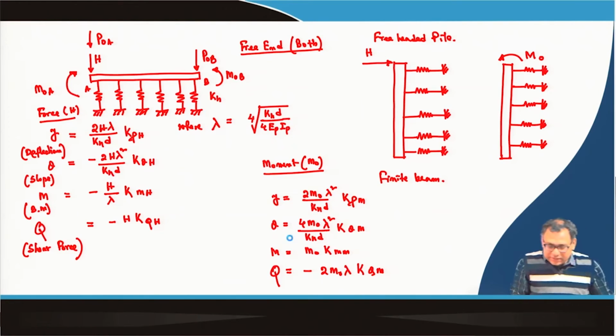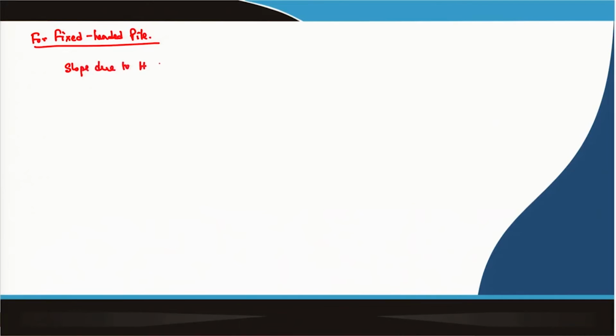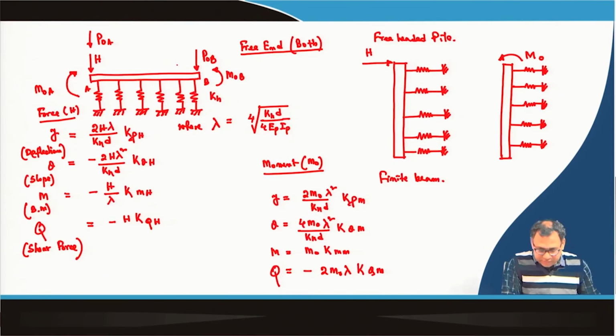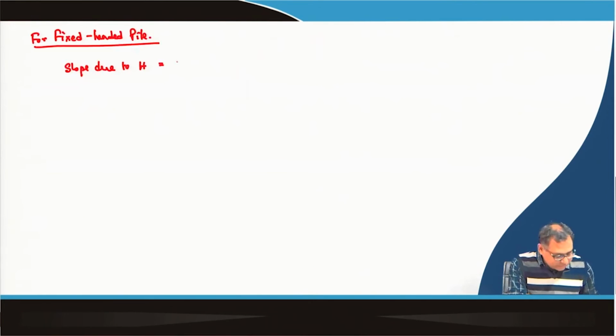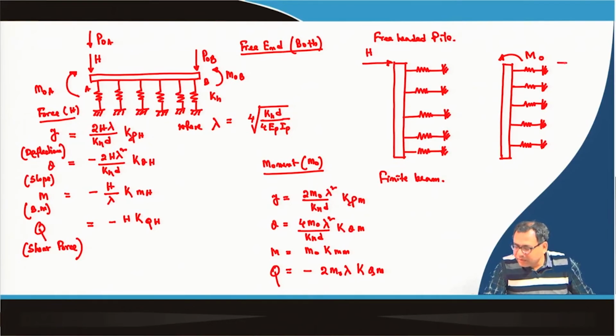Okay. So, under this concept we will use the slope due to H, which is equal to minus 2 H lambda square by k h d k theta h at z equal to 0, because your fixed head is here where z is equal to 0.